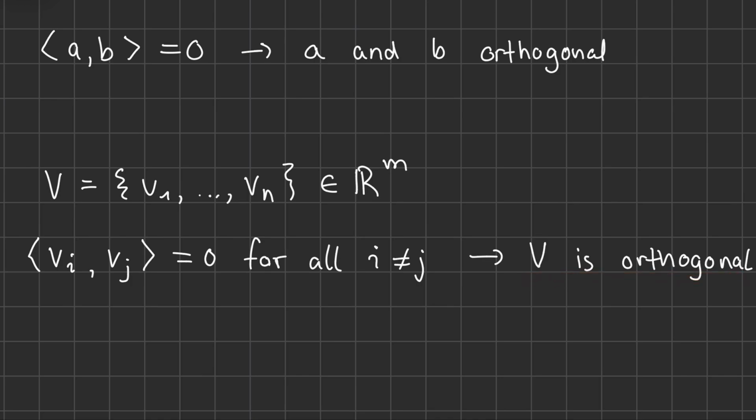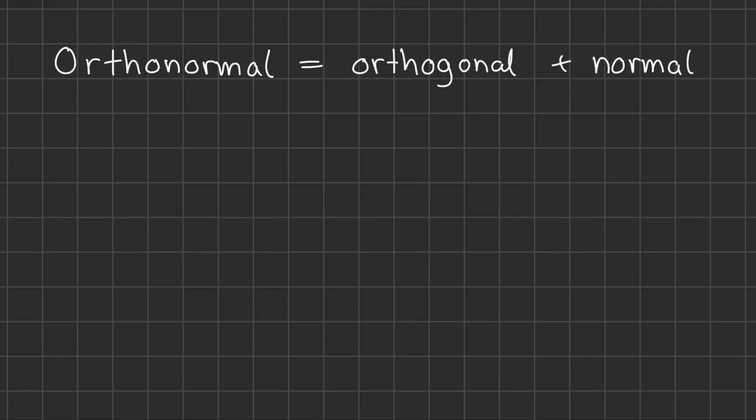So now we know what orthogonal vectors are. What happens when we build an entire matrix out of them? For this, we need to understand what orthonormal means. Orthonormal is a combination of the words orthogonal and normal. We saw what it meant to be orthogonal, and now normal remains to be defined.